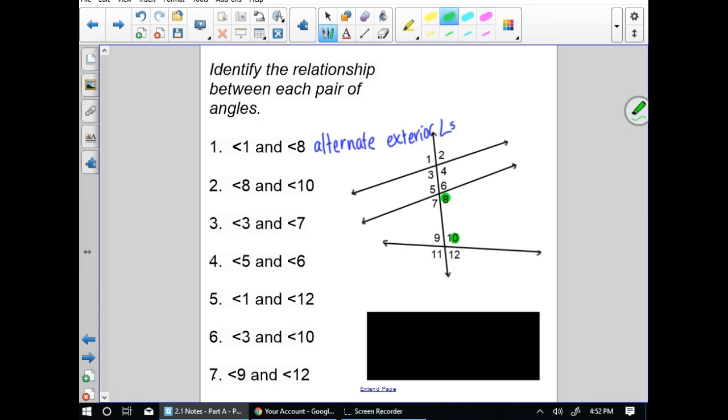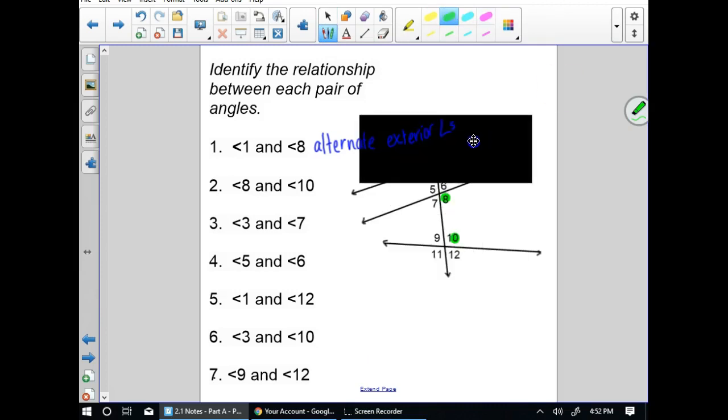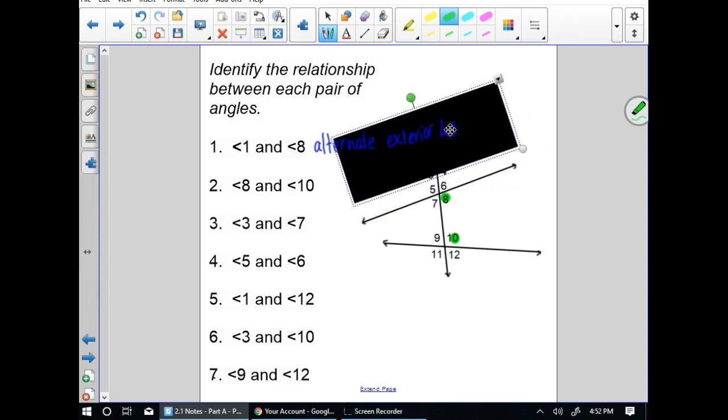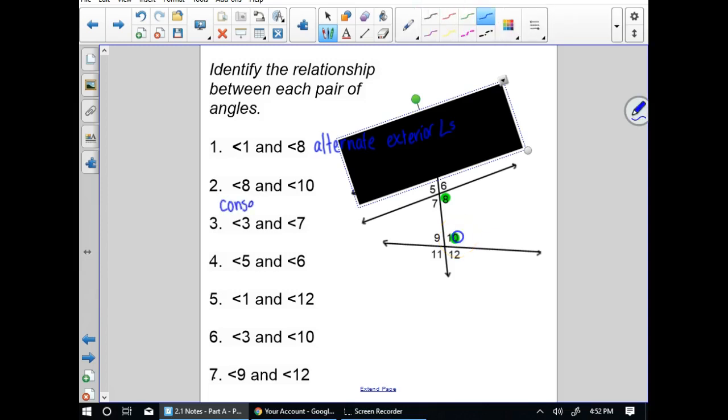Now this time, this does not involve these top angles right here, so I'm going to ignore that they're even there. If I'm only looking at these 2 angles, both of these are interior angles, and they're on the same side. We call those consecutive interior angles.